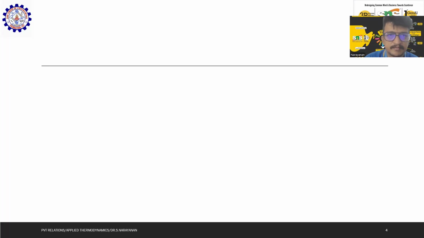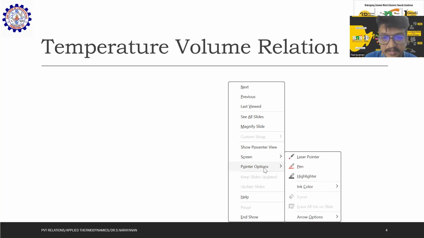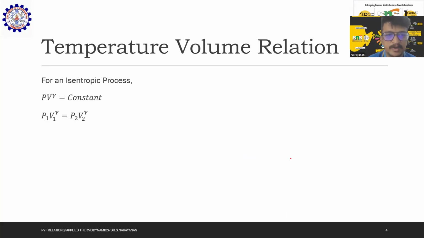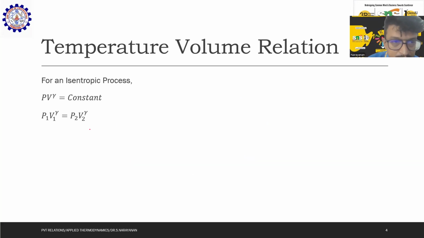Next, we have to derive the temperature-volume relation. We all know for an isentropic process, PV^gamma equal to constant and P1 V1^gamma equal to P2 V2^gamma. Here we have two variables, that is pressure and volume.